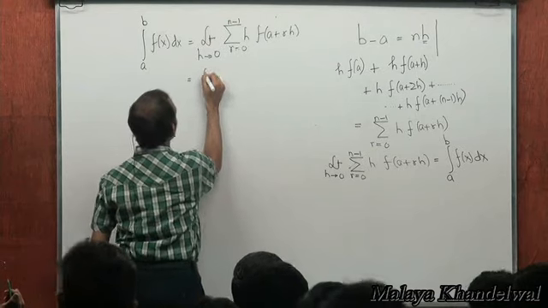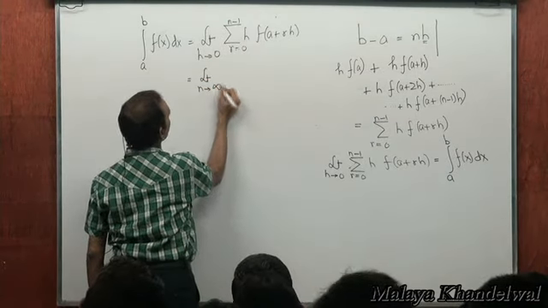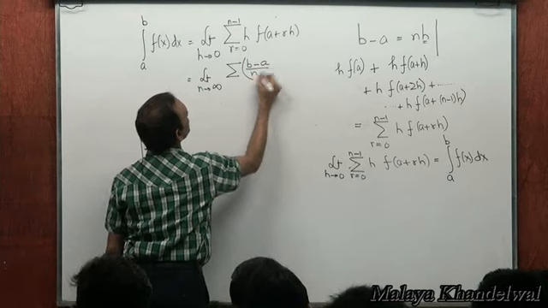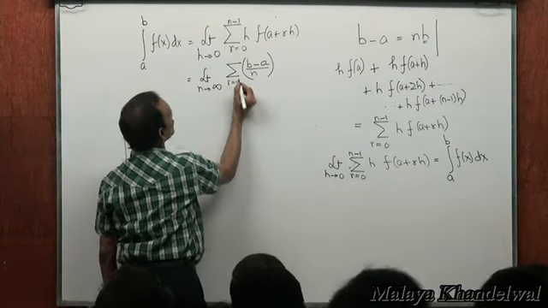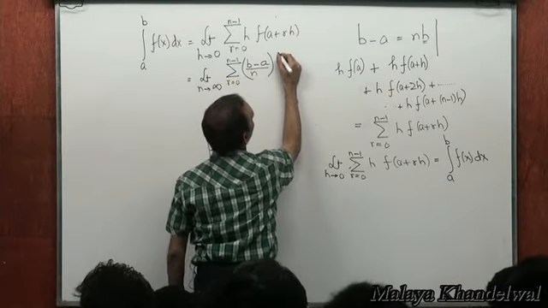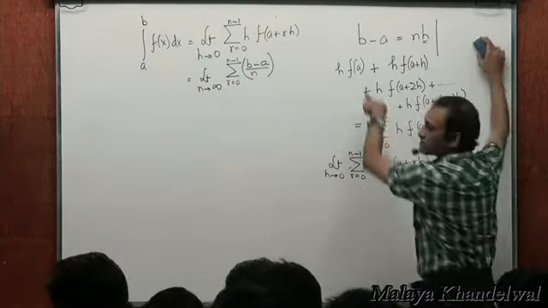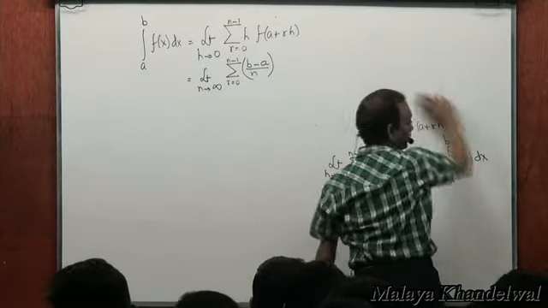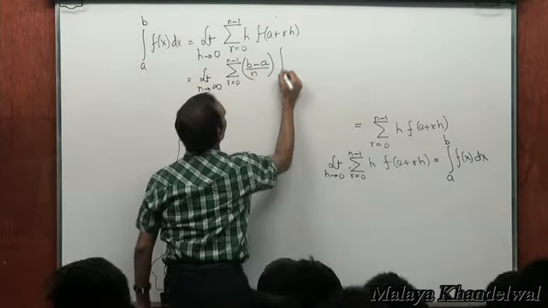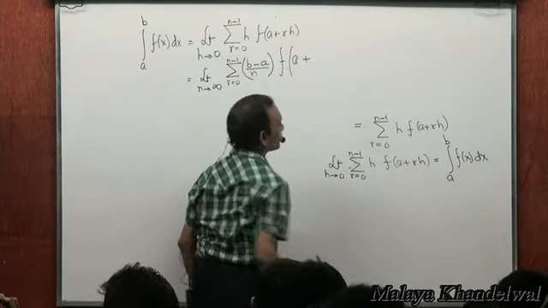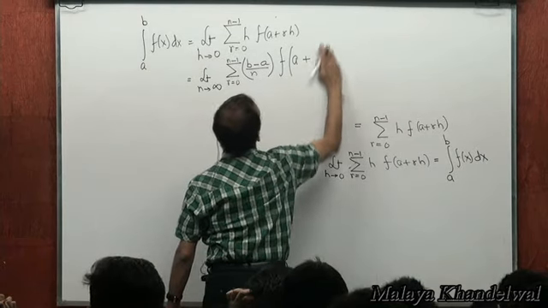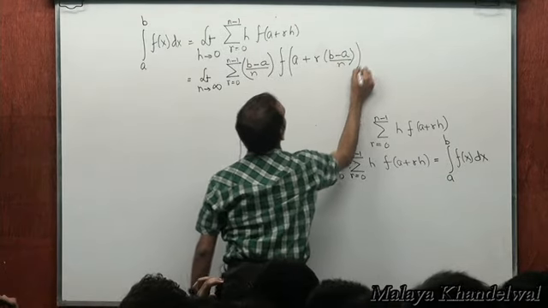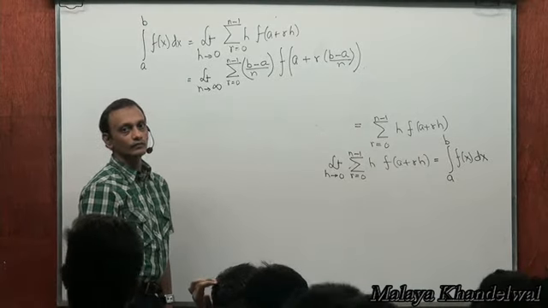So let me make n my new subject: limit n tends to infinity, summation (b minus a) by n, since h is (b minus a) by n, r equal to 0 to n minus 1. Right?